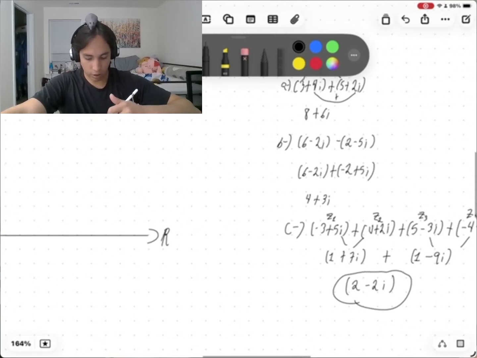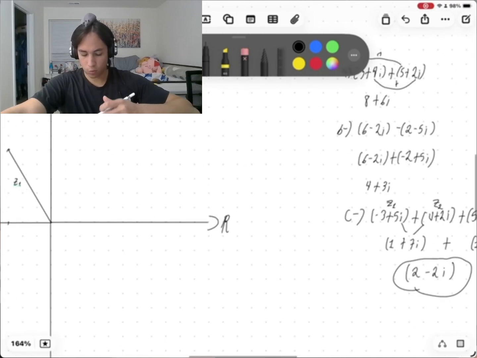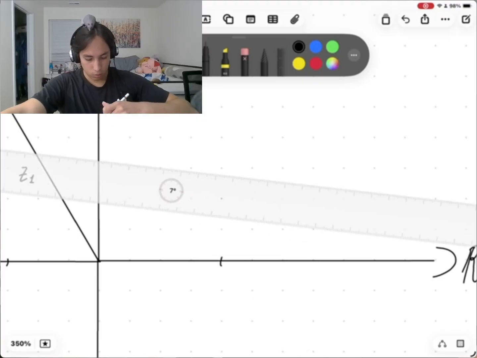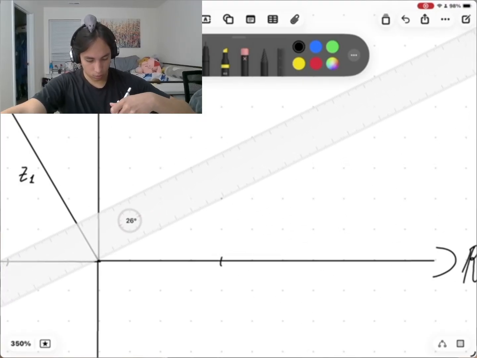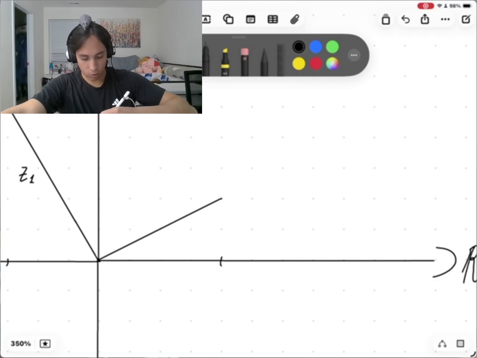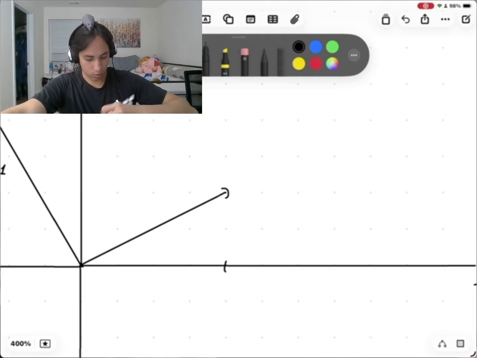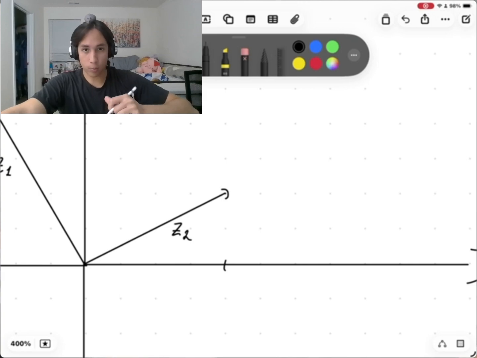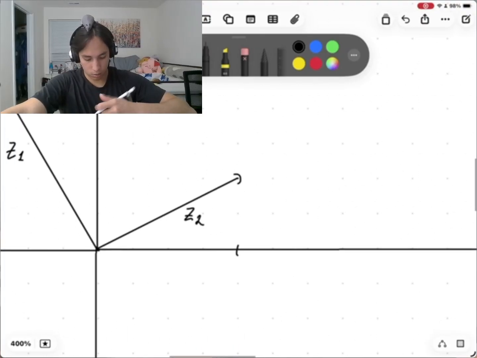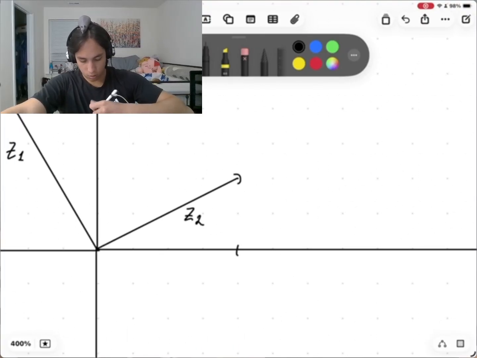Z2 is 4 plus 2i. This is 1, 2, 3, 4. 1, 2. Bam. There we go. I'm not gonna duplicate them this time, or else it's gonna be a huge mess. 5 minus 3i. 1, 2, 3, 4, 5. 1, 2, 3.